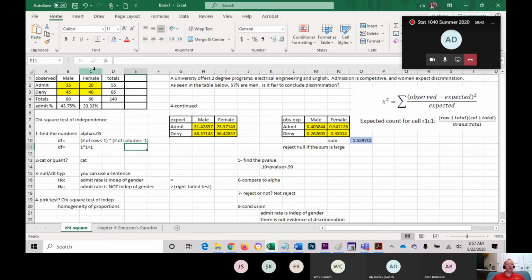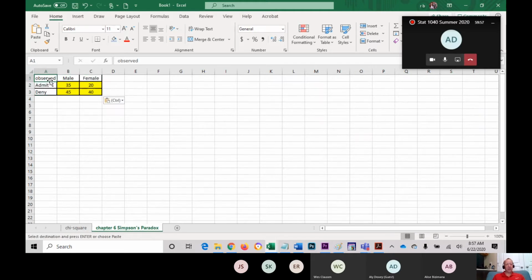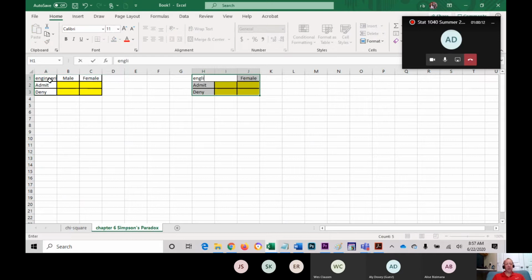Okay, so they said, okay, fine. Let's go back here. The university offers 2 degree programs, engineering and English. They said, maybe if we look at just one department, let's look at the engineering department. We want you to tell us your admit rate, and we're going to do it not only for the engineering department, but for the English department.